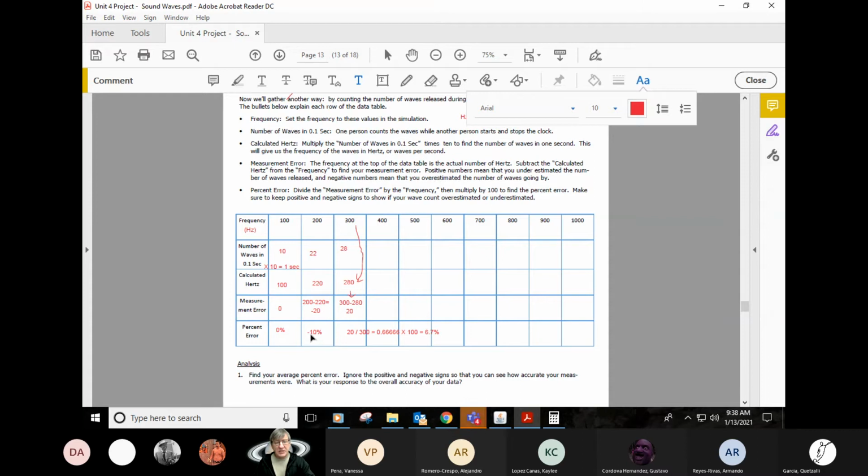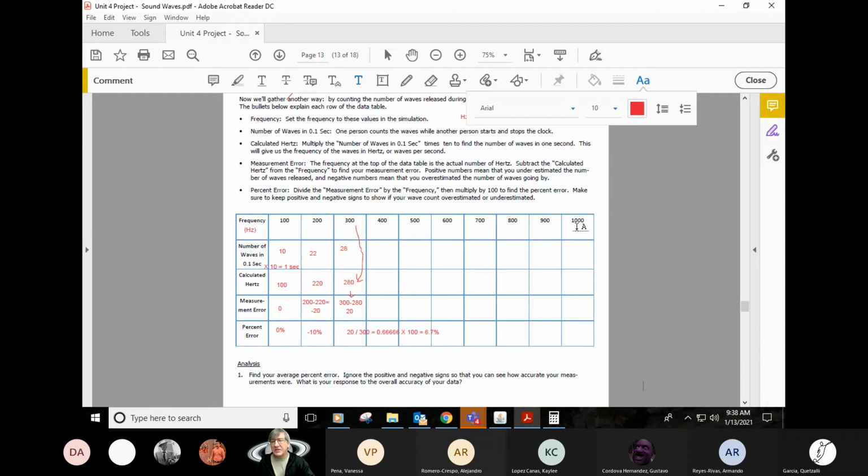But if you look at the percent, that 20 is 10% off for the 200, but the 20 for the 300 is only 6.7% off. This mistake of 20 off was actually less of a mistake than the other 20 off because this had so many more.